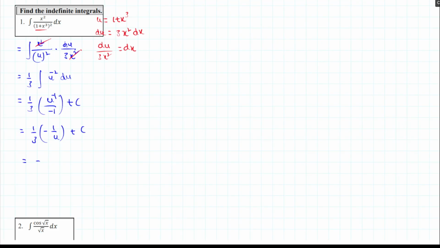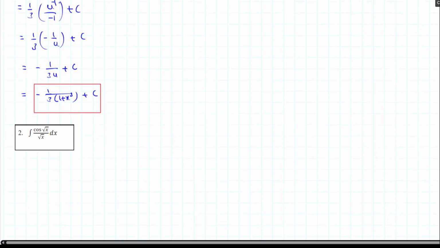So that is negative 1 over 3u plus c. Okay, and now you can substitute back to the original variable. So u equal to 1 plus x cube, that is negative 1 over 3 times 1 plus x cube plus c. So this is the integration of the given integral.